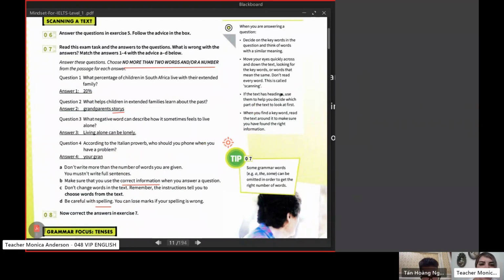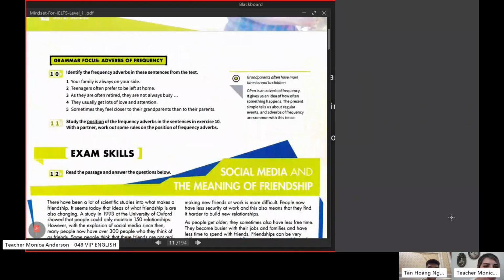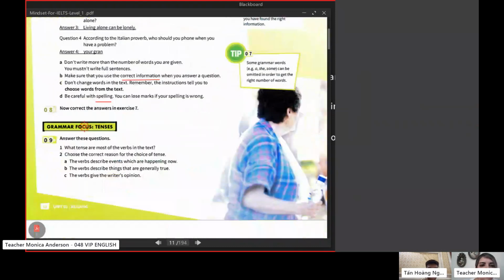Okay, let's keep going. Wow, now we have adverbs of frequency. This one is really easy. Let's answer number 9. Okay, please answer.